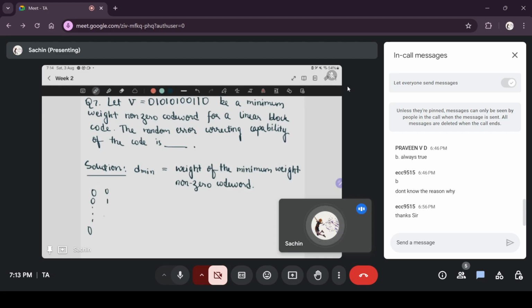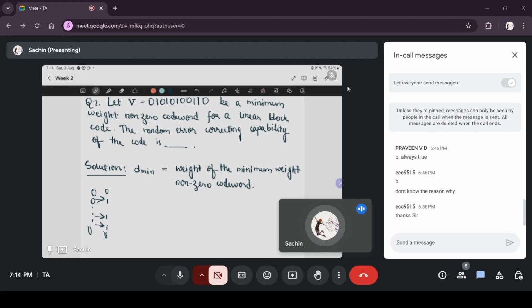You have some code word that has ones in some places. So in these places, these two code words will differ. They will have different values. That is the distance between code words, the Hamming distance. That is how the Hamming distance is defined: the number of bit positions in which two code words differ is the distance between those two code words.